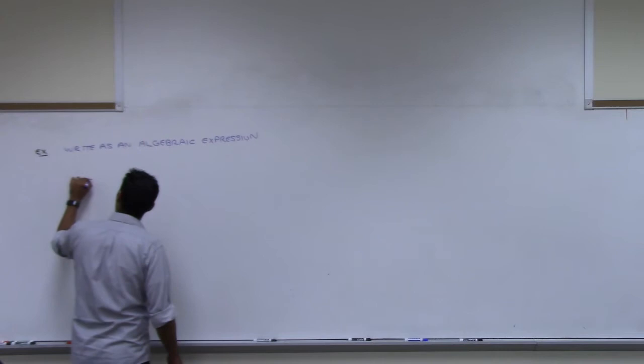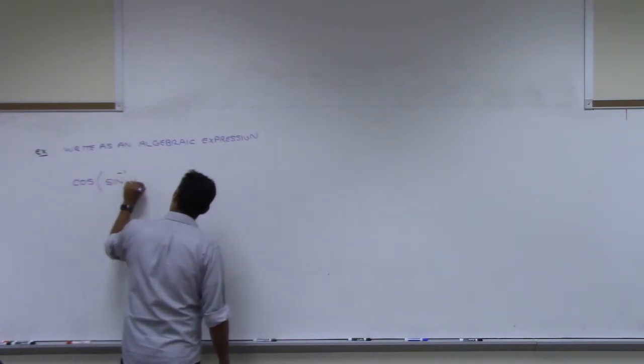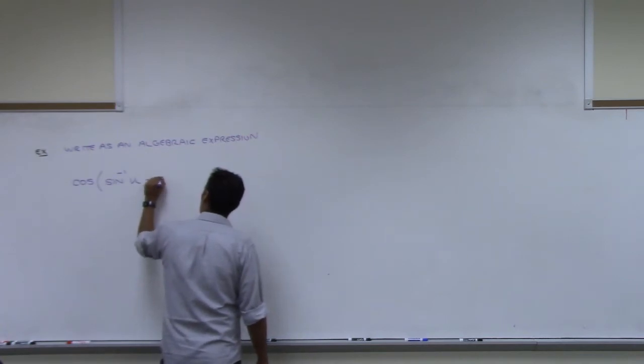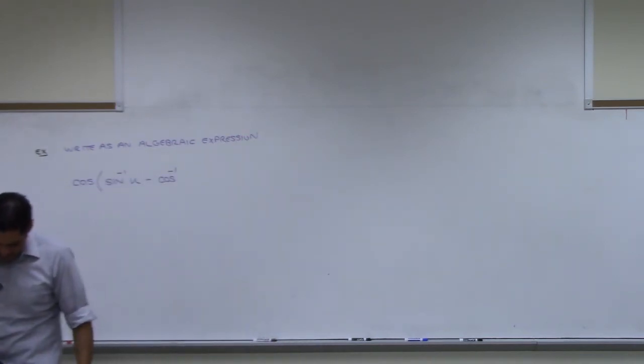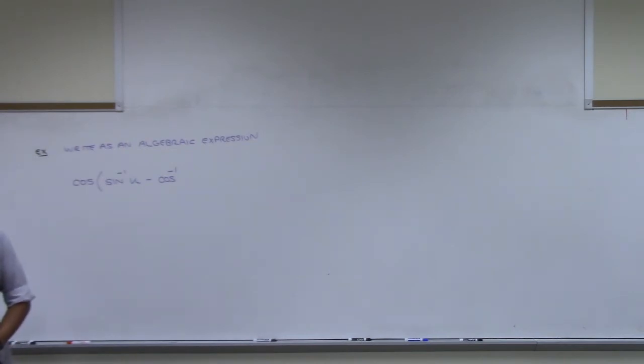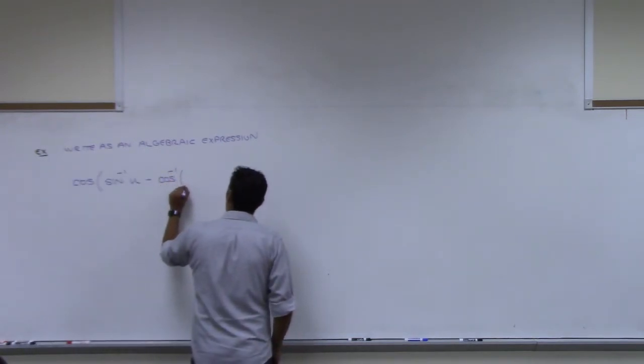Cosine of arcsine of u minus arc cosine. Do I want to use u again? I don't really. Well, I'm gonna push it here.